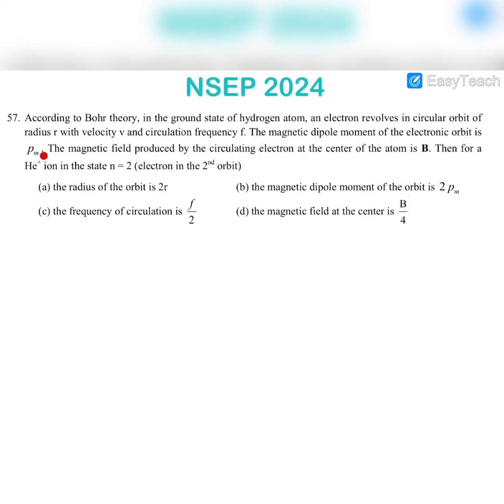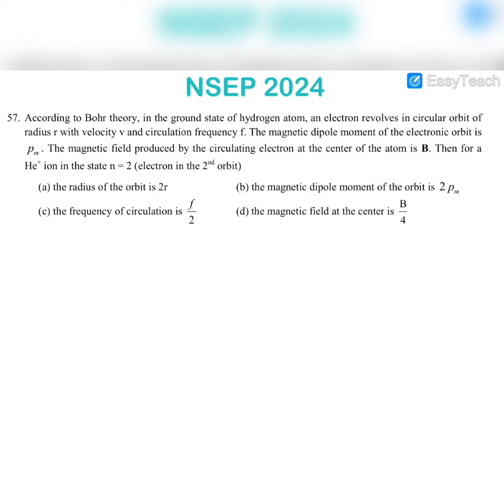We have to find the magnetic field at the center of the circulating electron, which is B. Then for helium plus ion in the second orbit, we have to check the correct options.